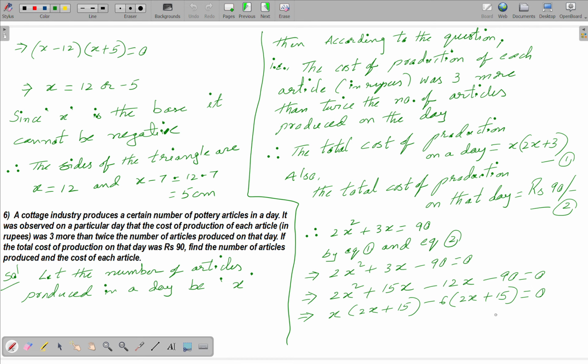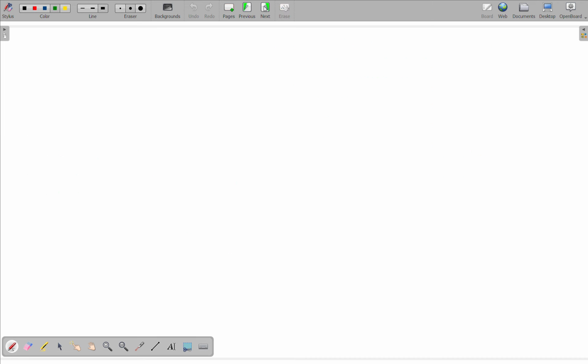Now further simplification, we get 2x plus 15 into x minus 6 is equal to 0.